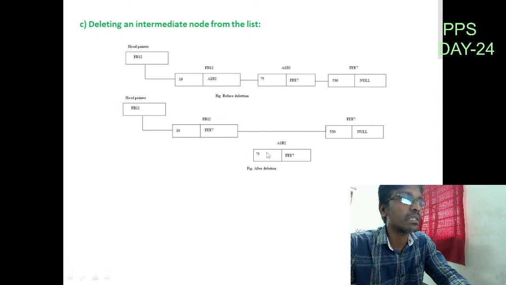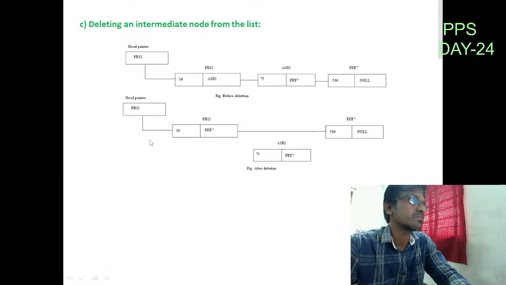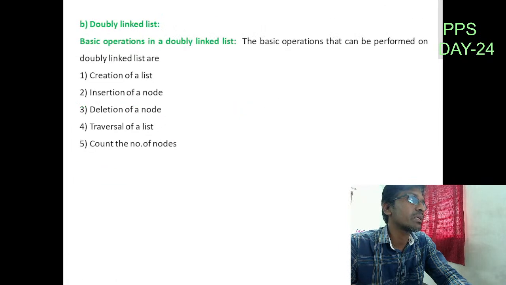To overcome this drawback, we use the double linked list. In a double linked list, we can travel in the forward direction as well as the backward, or reverse, direction. The same operations that can be done on a single linked list will be used for a double linked list.